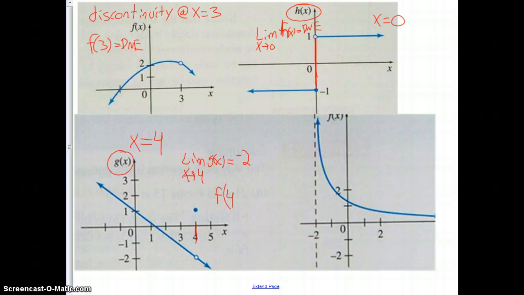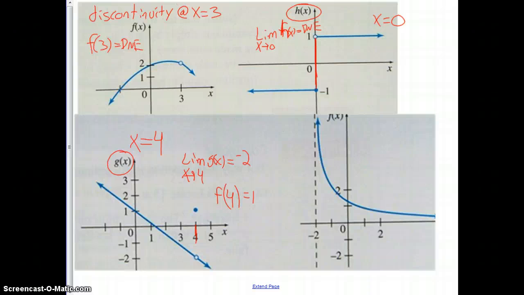F of 4, it's not at -2, f of 4 is at 1. So the limit of the function and the value of the function at the x value of 4, they're not the same. That was that third criteria. So we have a hole in the graph there, it's a discontinuity.